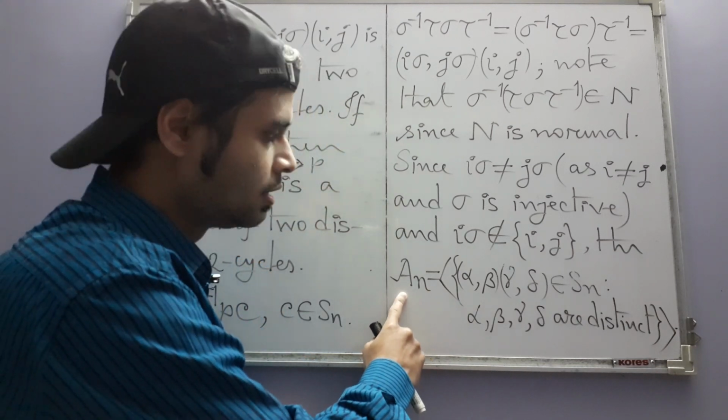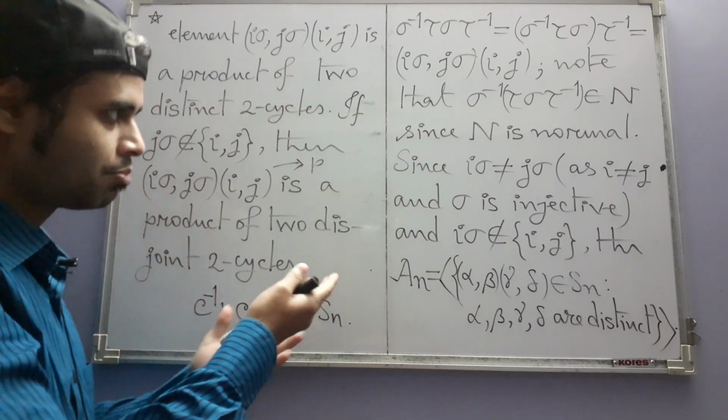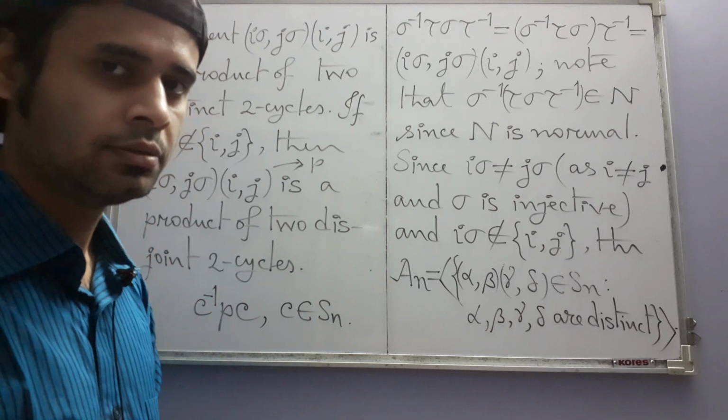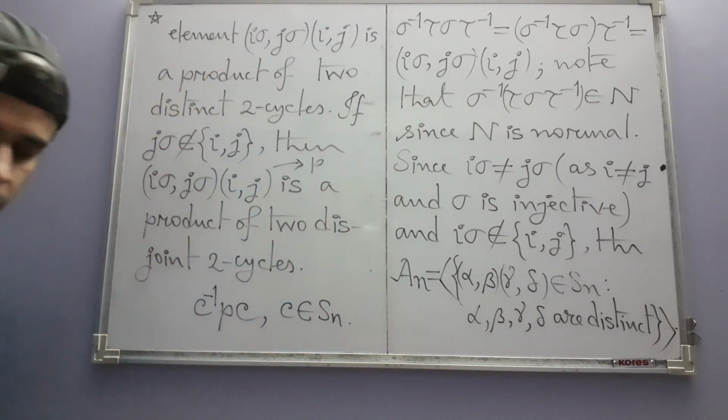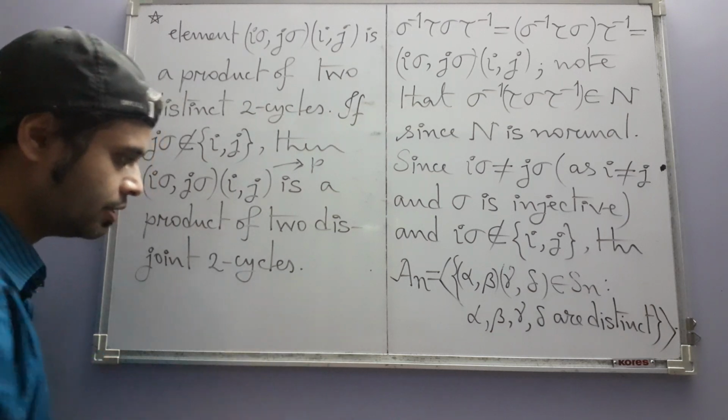So that means because all such generating elements have now come inside N, this An itself will be contained in N. So that's what now we are going to write in the next line like this.